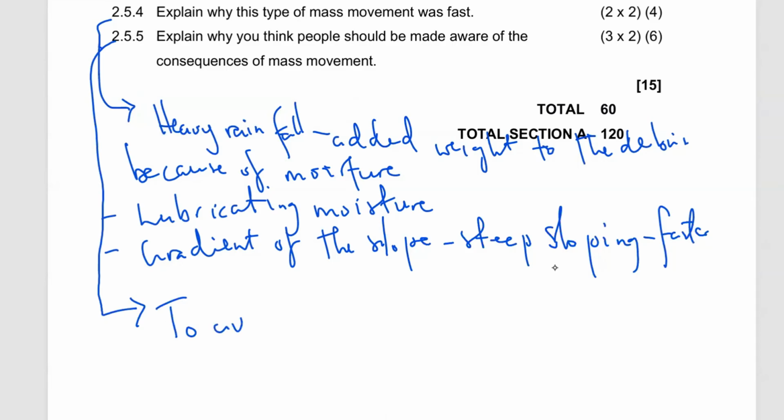Number one, we need to help avoid disasters. If people are made aware of the negative implications of the mass movements, then we can assist in disaster prevention.